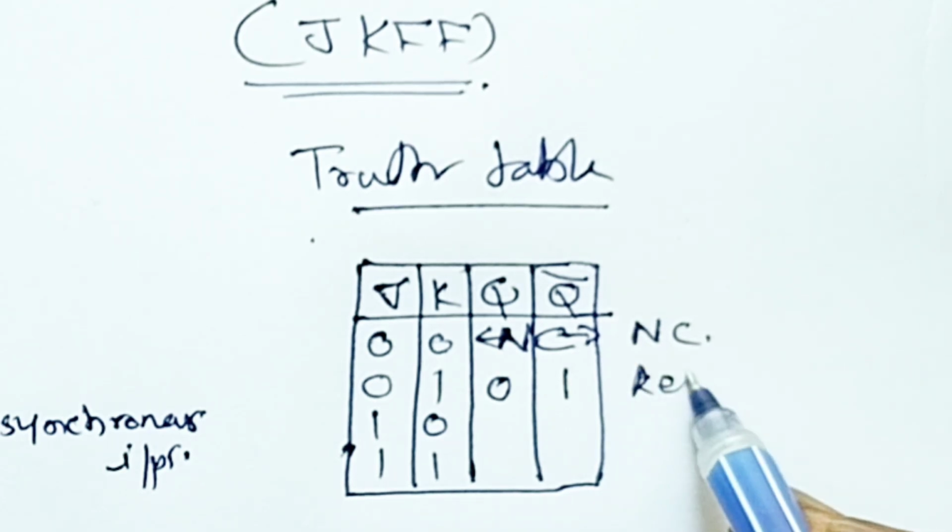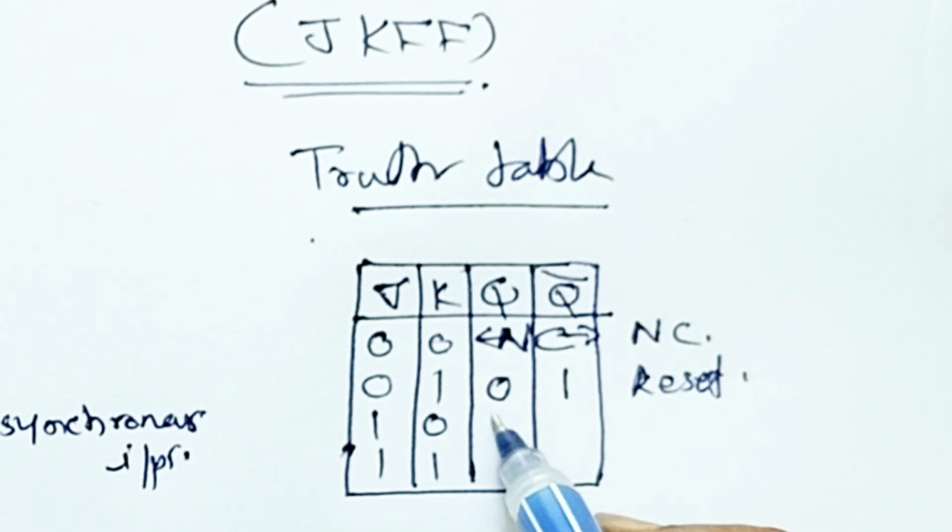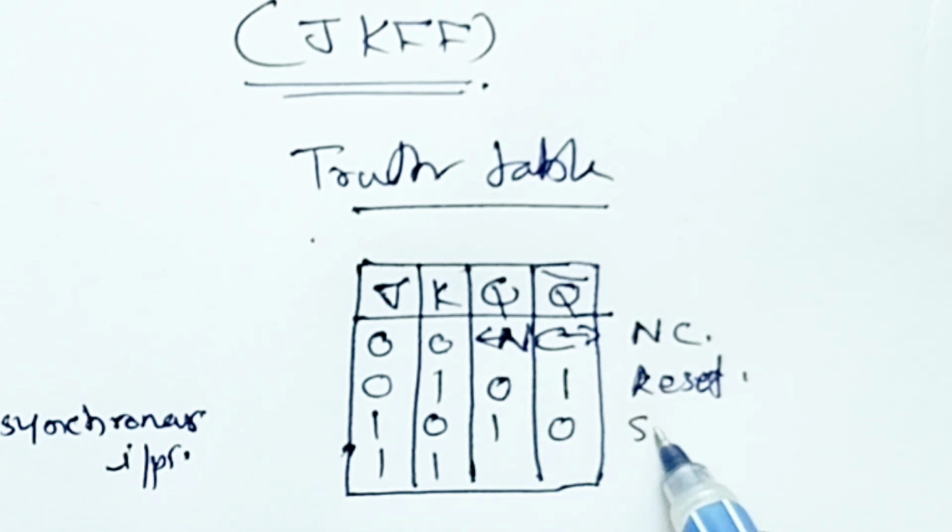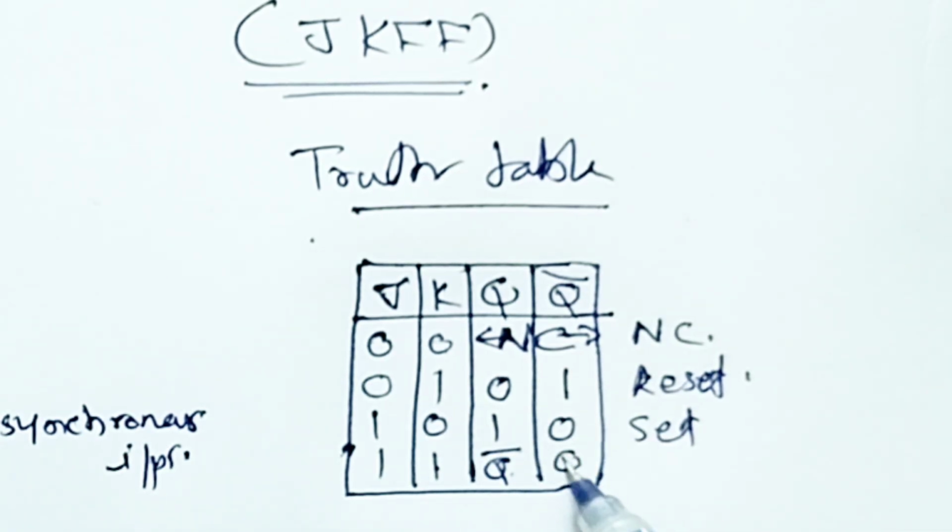Then if the input J equal to 0 and K equal to 1, that is exactly reset state. That is Q is equal to 0 at that time and Q bar equal to 1. And for the combination 1 0, the output Q will be equal to 1 and Q bar will be equal to 0. That is set state. And finally for the combination 1 1, that is J equal to K equal to 1, the output state is normally toggling. Output will be in toggling mode.